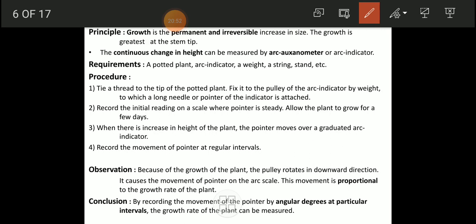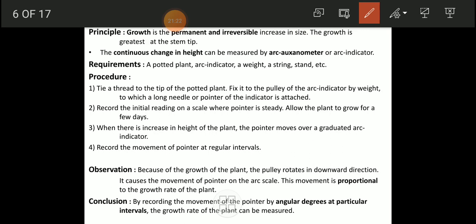Allow the plant to grow for a few days. When there is an increase in the height of the plant, the pointer moves over the graduated arc indicator. Record the movement of the pointer at regular intervals. What observations do we have to make? Because of growth of the plant, the pulley rotates in a downward direction.